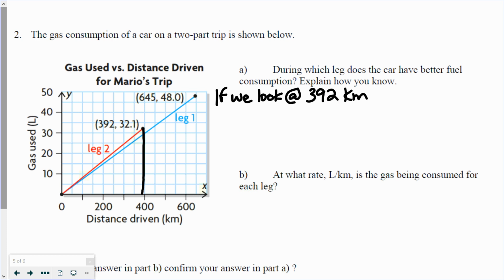We can compare those two graphs. What we see is leg 2 used more gas to travel the same distance.